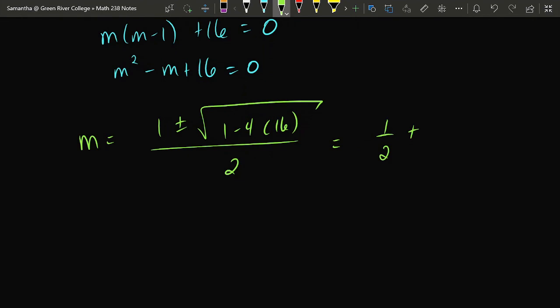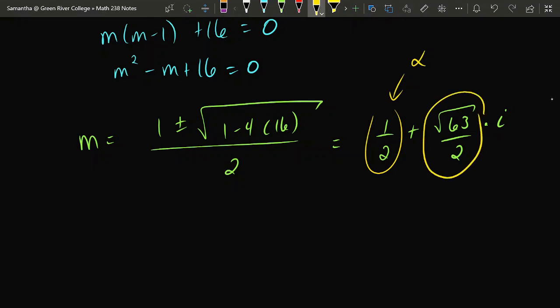Negative 63 under the square root. So root 63 times i over 2. So 1/2, the real part, would be our value of alpha. And the imaginary part, the part multiplied by i, would be our value of beta.